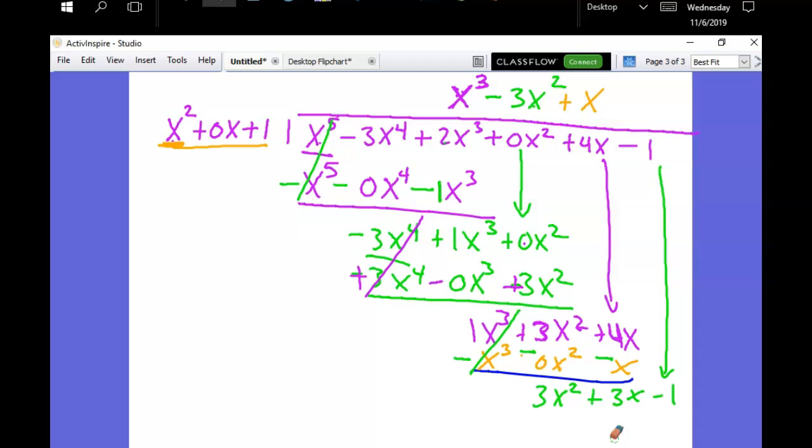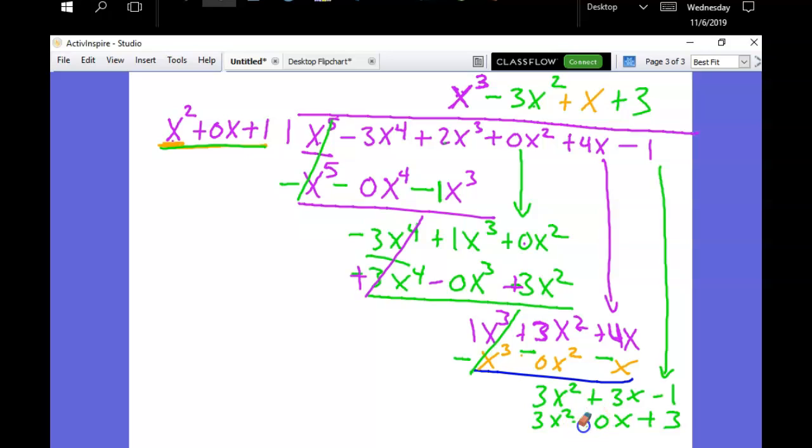All right, one more time for you guys to practice, and then we're done with this one, and I'll explain why this one stops. So go ahead and try one more time. Okay, so x squared goes into 3x squared 3 times. And if I multiply this 3 by all 3 of those terms, we end up with 3x squared plus 0x plus 3.